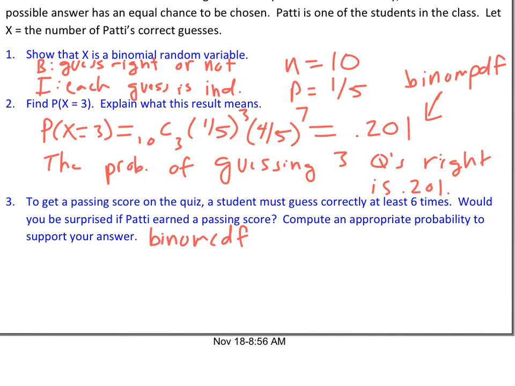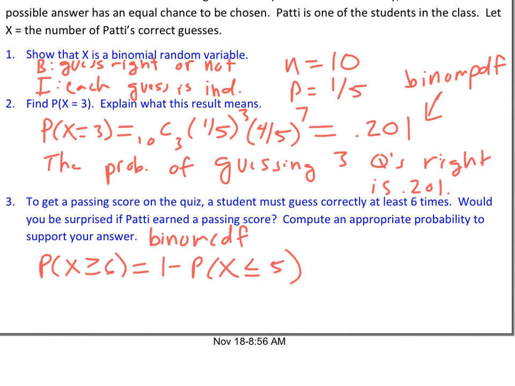So I'm looking at the probability that X is greater than or equal to 6, but remember, I immediately want to switch that because the calculator can get less than or equal to 5, right? This one is nice because you can put it in really simple terms.